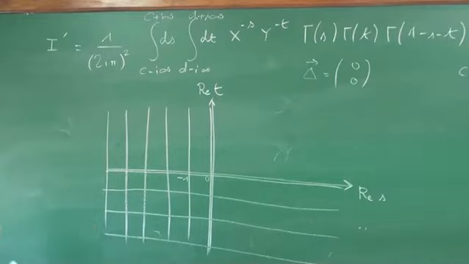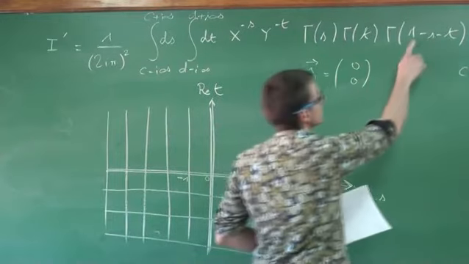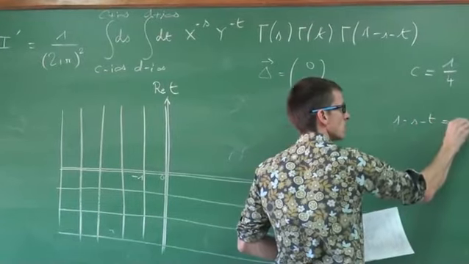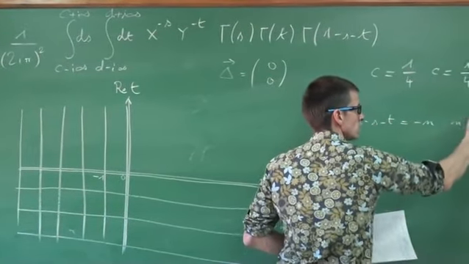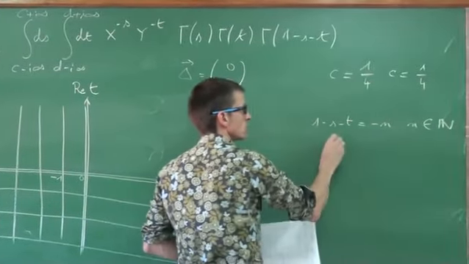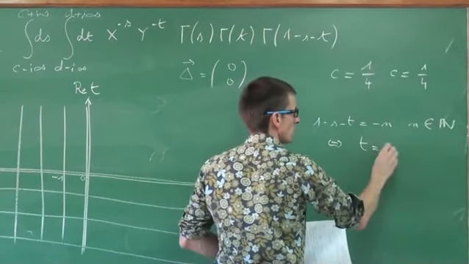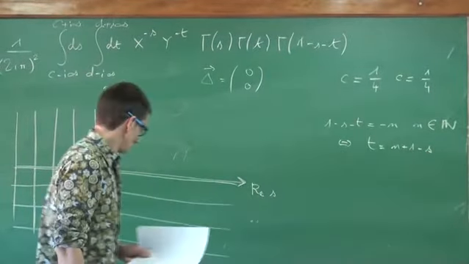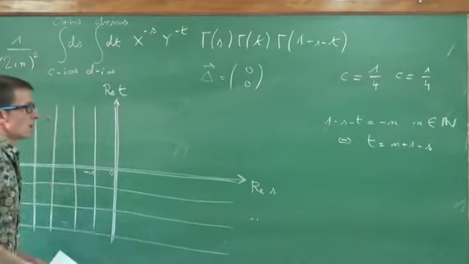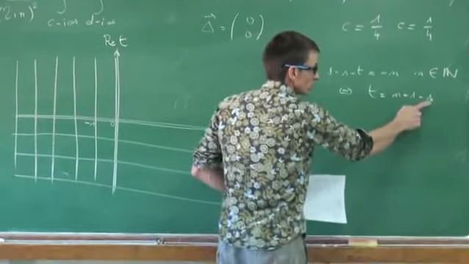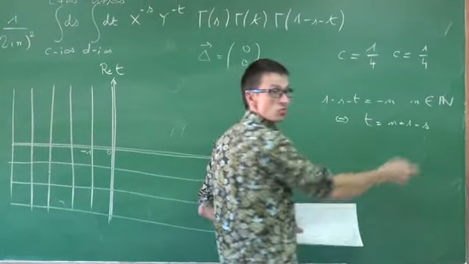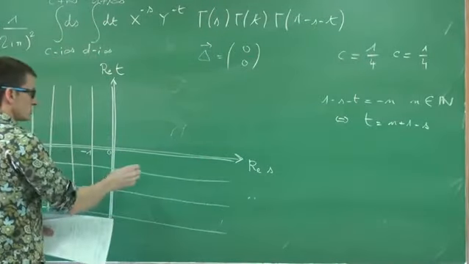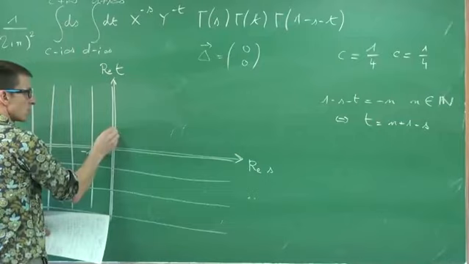Etc. Okay? Now, this 1 minus s minus t equal minus n with n in N, which is equivalent to t equal n plus 1 minus s. So when s is 0, t is n plus 1. In the case n equals 0, this is 1. S equals 0, t is 1.